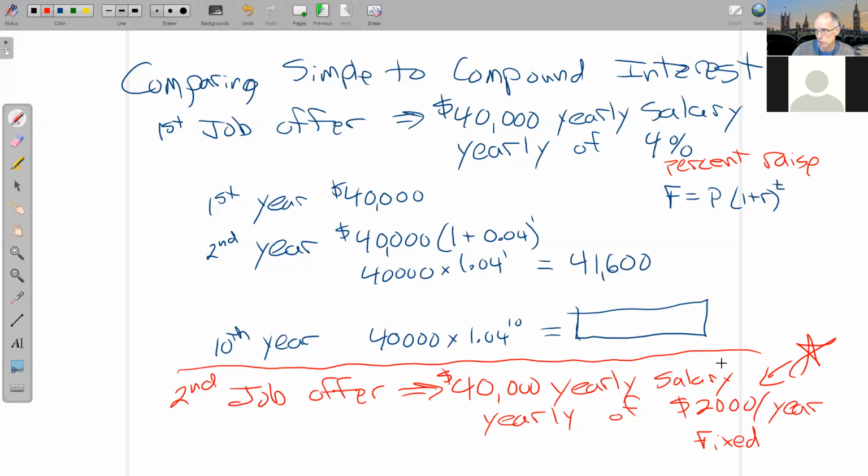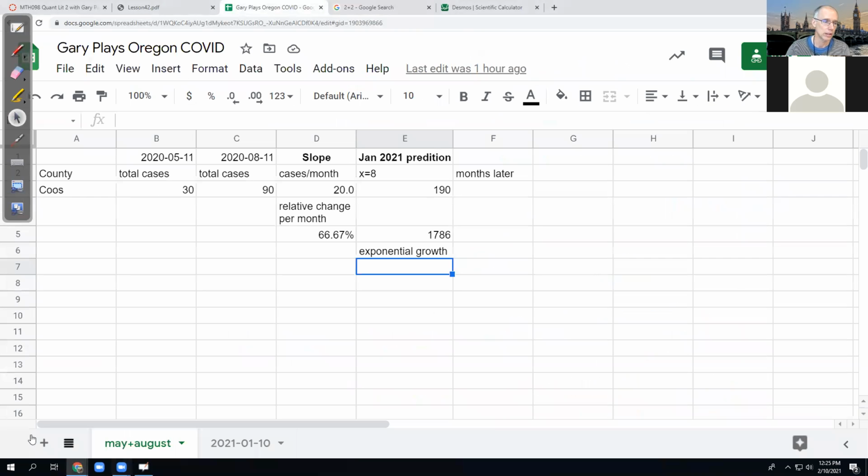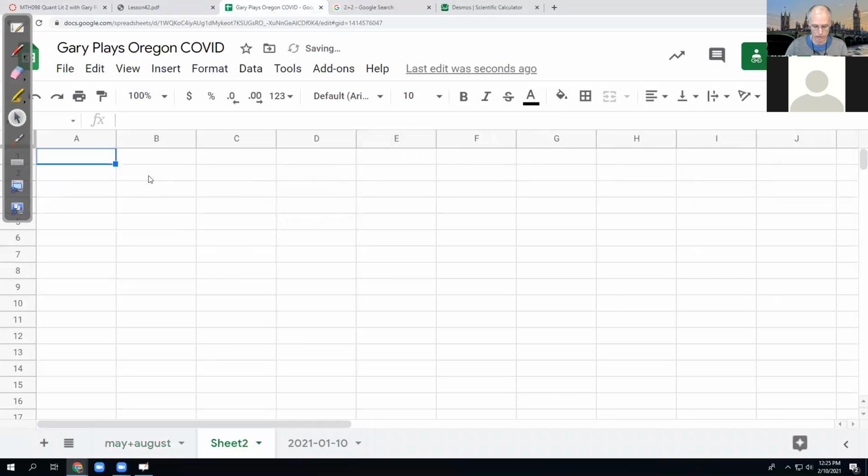So if I just put this into a spreadsheet for a second to see what's going on, we've got two job offers. Let's do the percent raise first, because that one came first, 4%, versus the fixed raise at $2,000. I need a column for the years. Slide that over.